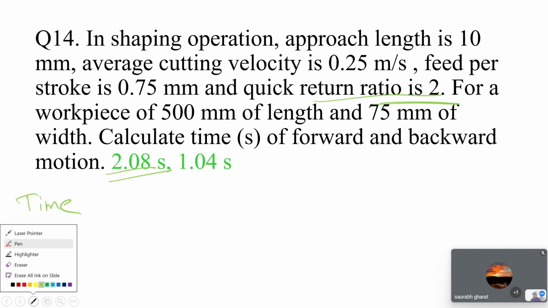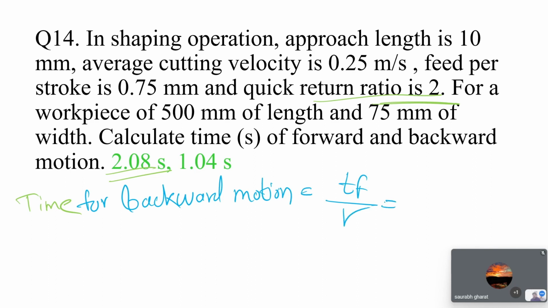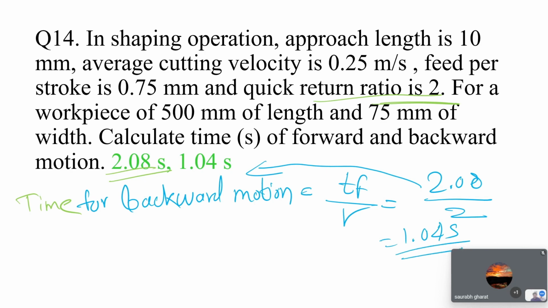So time for backward motion is equal to TF by R, what is the TF? 2.08 divided by 2. So it will be 1.04 seconds. Okay, this will be your answer.